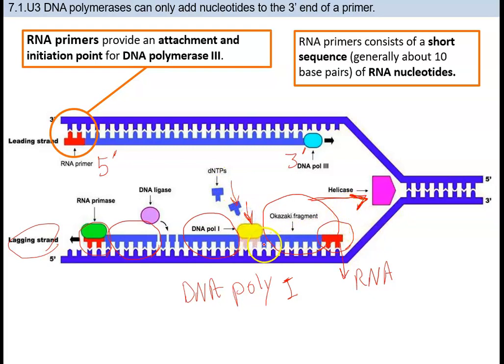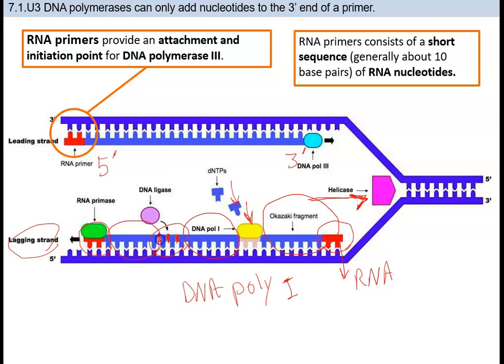So the next step is, after DNA polymerase 1 functions by removing the RNA and adding the dNTPs, you will see that it looks like this. So the nucleotides have been added to this place, but you see the connection between nucleotides has not been made yet.